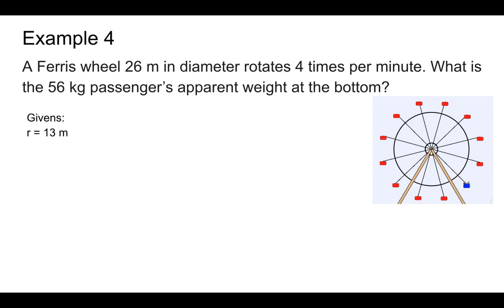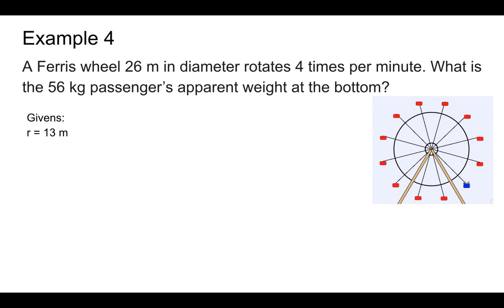We have that it rotates 4 times per minute. So this is giving you that period. Remember we talked about period at the very beginning of this lecture. The period is the time for one revolution, that's what that capital T is. We want this in seconds, so on the top of that fraction, that's going to be 60 seconds because it's per minute.